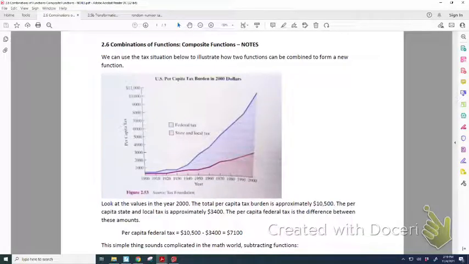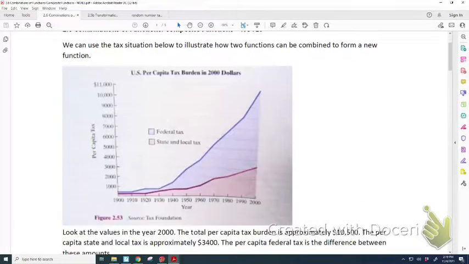Today in class, being Thursday, we started composite functions, and we started just by looking at this word problem here. It's about tax and federal taxes, state taxes, and looks like the blue is federal and the red is state. It's kind of weird though because the y-axis represents total.